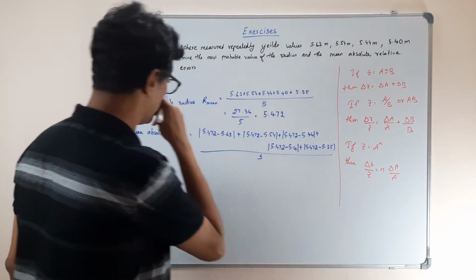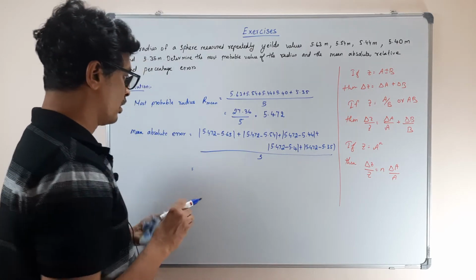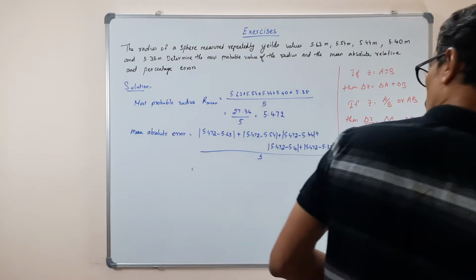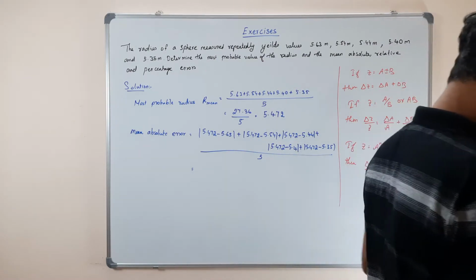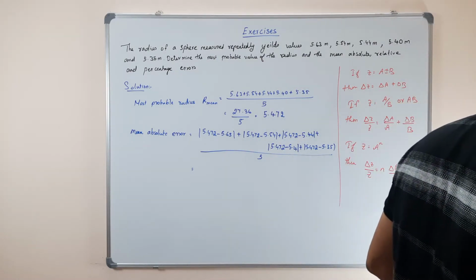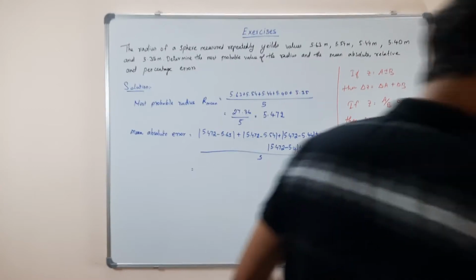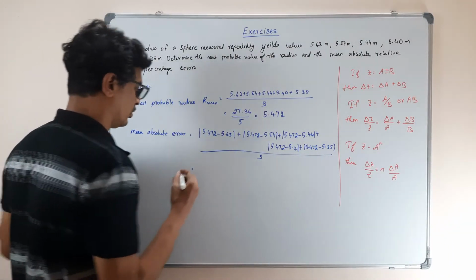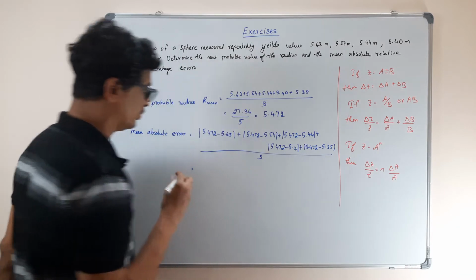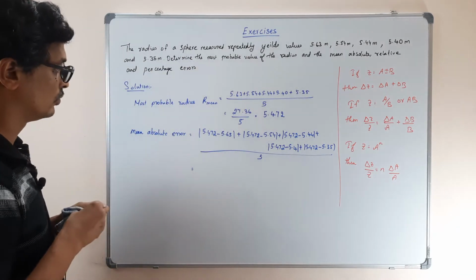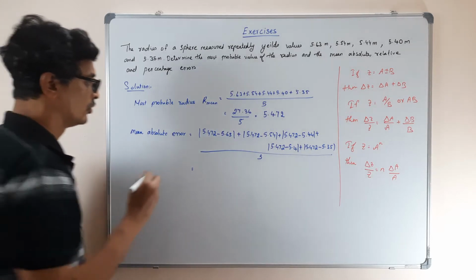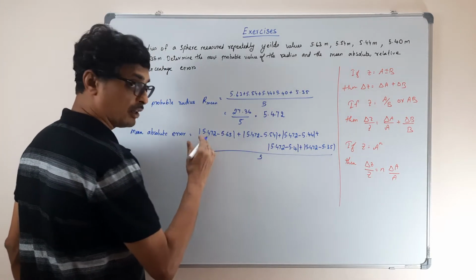Tell me the difference of these two. 5.472 minus 5.63, minus 0.158, it will be positive, right?